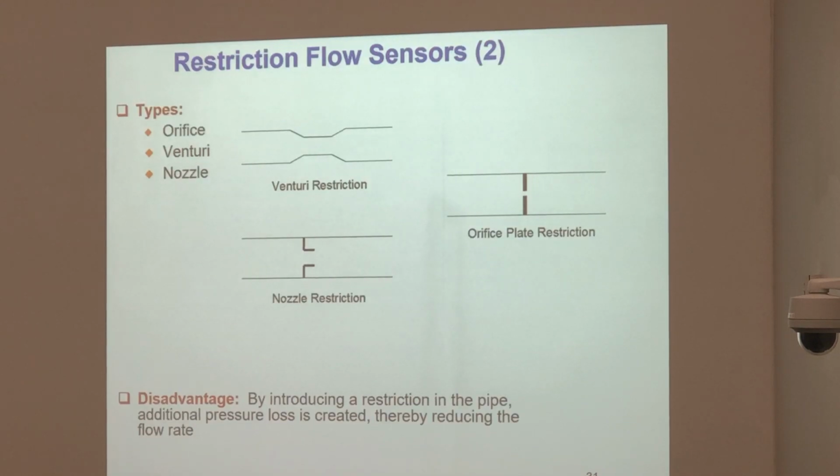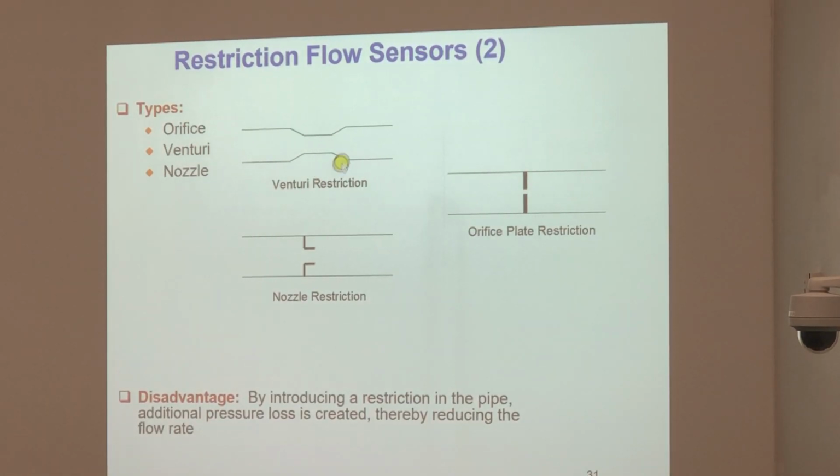The types we have are venturi, orifice, and this is the nozzle, right? So the flow goes through here, and then velocity changes, pressure changes. When the pressure changes, I can relate it to the flow rate based on a certain formula. You can always refer to the UO1 notes if you want.